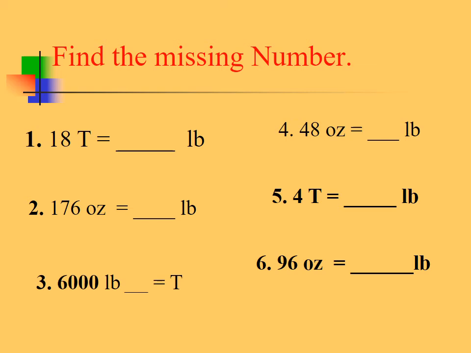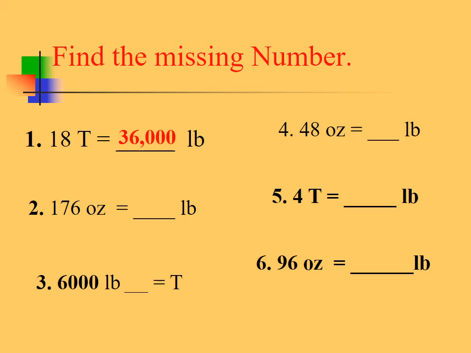So in this case, we have tons, which is larger than pounds. How many pounds equal a ton? We know it is 2,000. So therefore, we have to multiply 18 times 2,000, and that will give us 36,000.